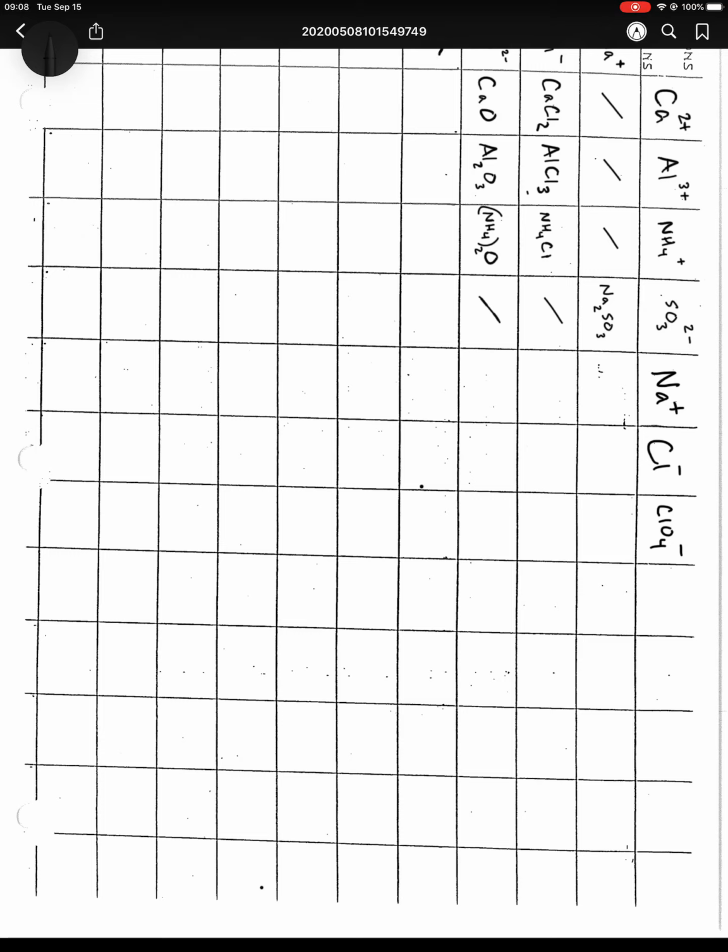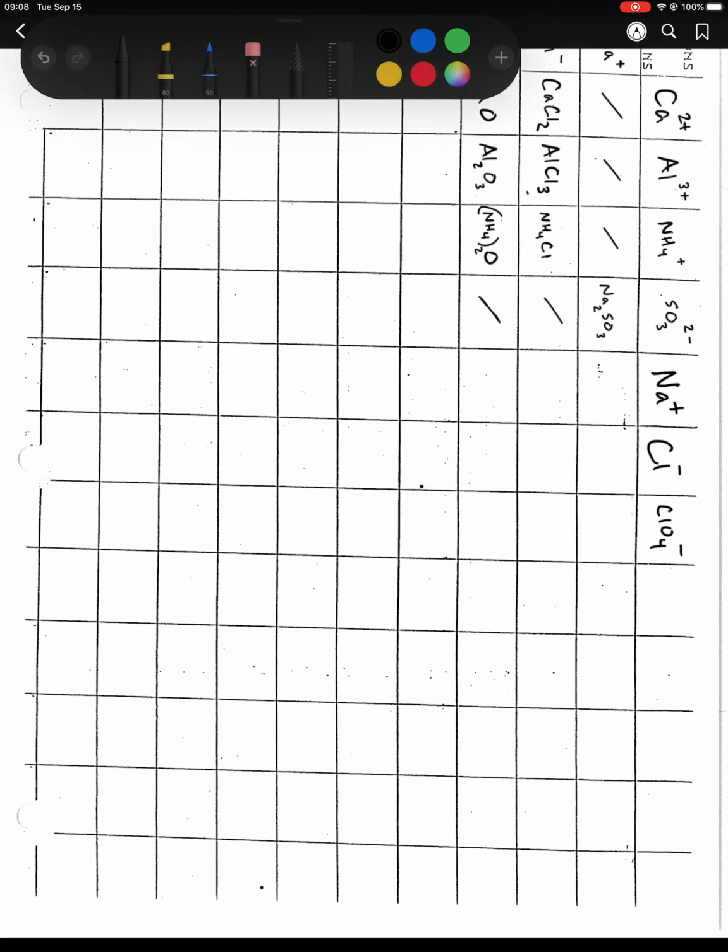It's not letting me see what I want to write very nicely on my iPad, so I apologize for that. In the square where we would be adding a sodium and a sodium together, we wouldn't draw anything, because two positives don't pair up.